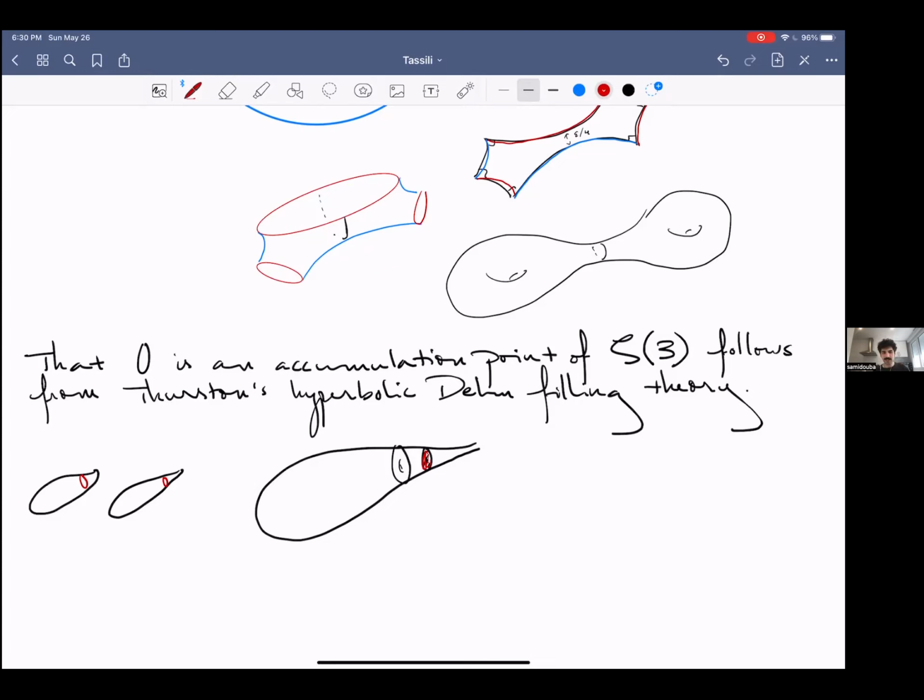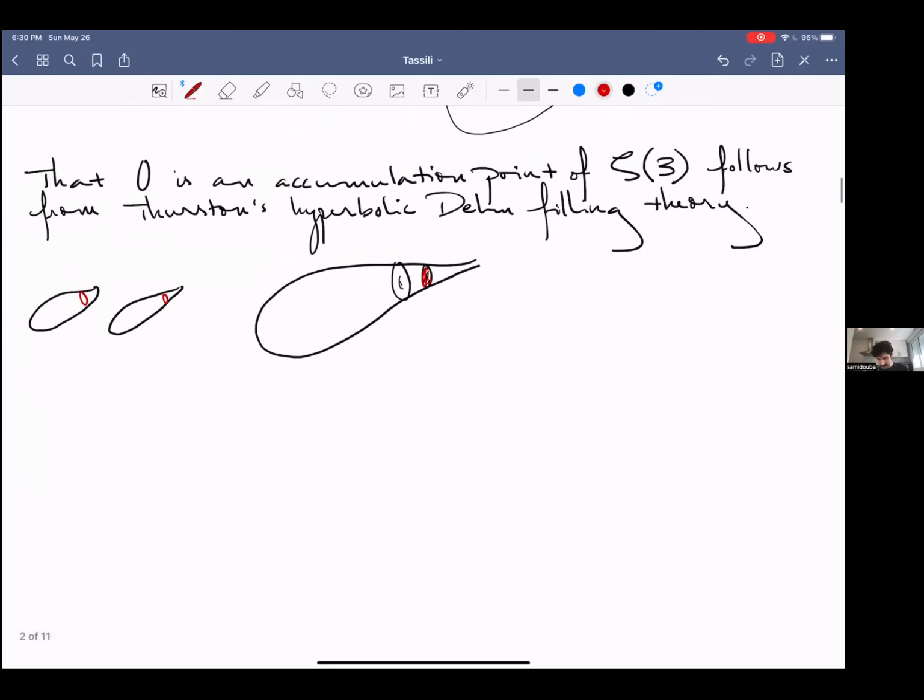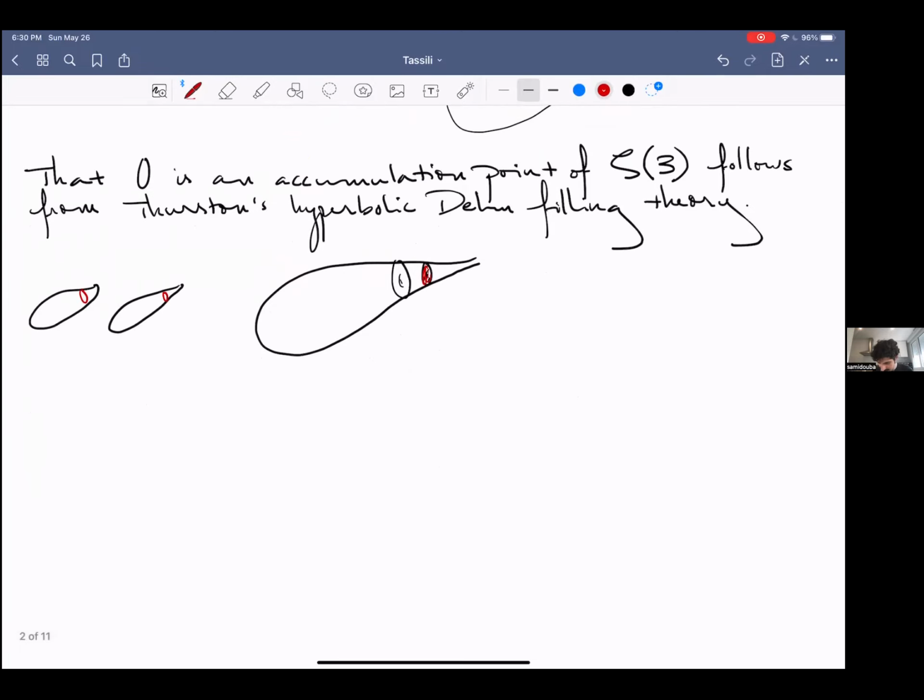But there is also an elementary way of doing this, again using right-angled hyperbolic 3-polyhedra. Let me give you an example. What I'm going to construct now are not closed hyperbolic 3-manifolds with systole going to 0, but cusped hyperbolic 3-manifolds with systole going to 0.